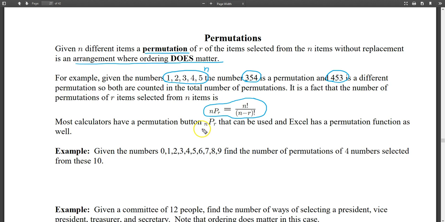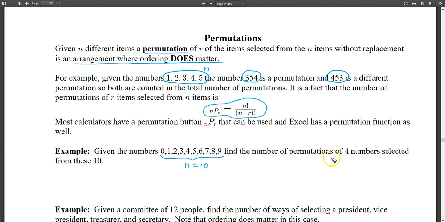Most calculators and computers like Excel have the permutation function built into them, so you don't normally have to evaluate this, although it's not really that hard. Let's look at this example. If you're given the numbers 0 through 9, so you have 10 items here, the n is equal to 10.